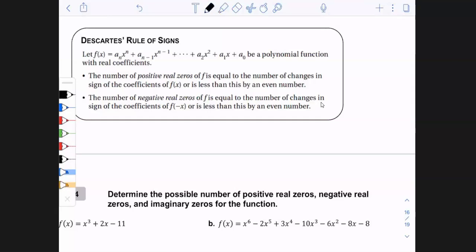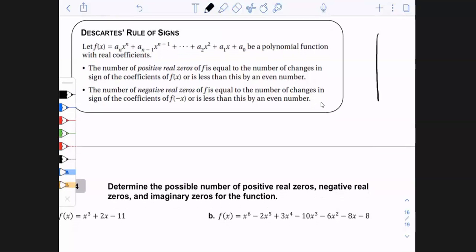So remember, when we're talking about the roots, we're talking about our graph, rough sketch, and some polynomial. And if we're talking about positive roots, that means we're talking about this side, right? So anything that passes on the positive x axis is a positive root, right?